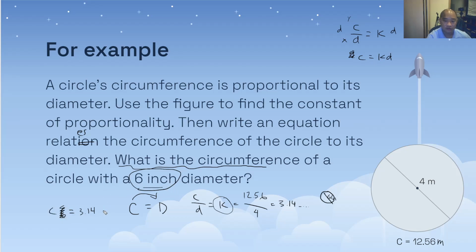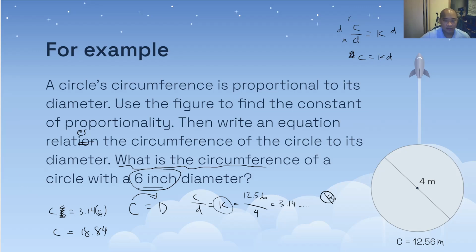We want to find the circumference. And so it's whatever 3.14 times 6 is. That's our circumference. 6 times 3.14 equals 18.84. That is C.